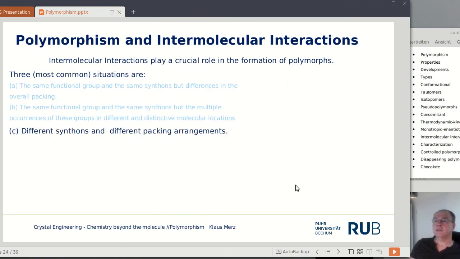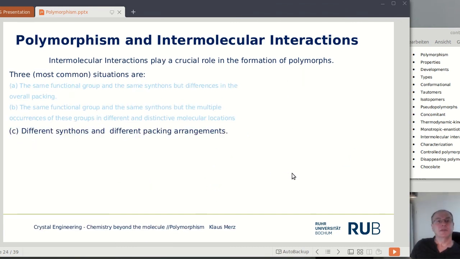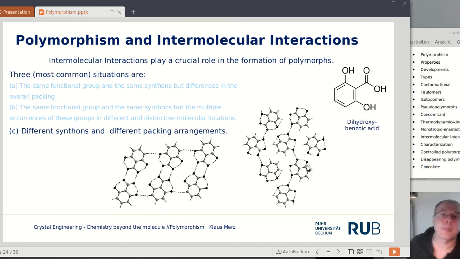And the last one is if you have different synthons. In the previous case we were talking about the same synthons, and in this case we have different synthons. Different synthons lead to different crystal packing. For example, if we have a dihydroxy benzoic acid, see it here. This is the acid function or acid motif, and we have a dihydroxy group. And you see here the differences.